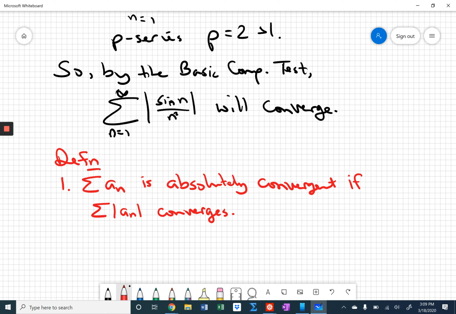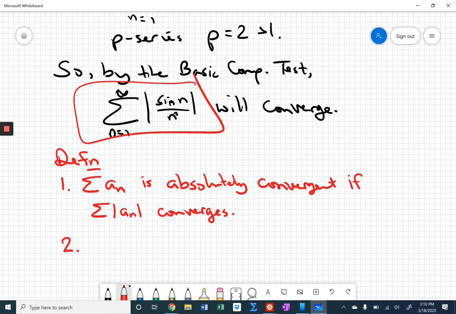So in other words, if you take the absolute value of the terms and look at the sum, then we call the original series absolutely convergent. So the series that we were considering before is absolutely convergent because, as we showed up here, the series formed by the absolute value of the terms is convergent. So that original series is absolutely convergent.